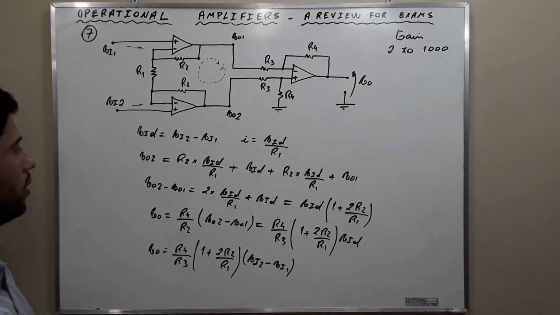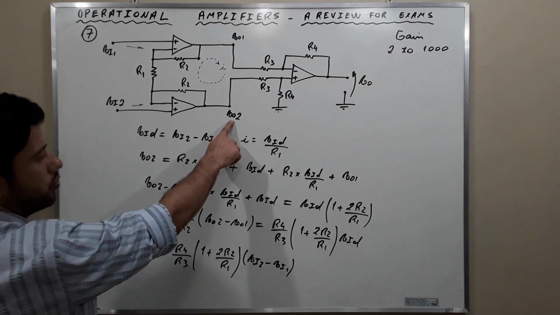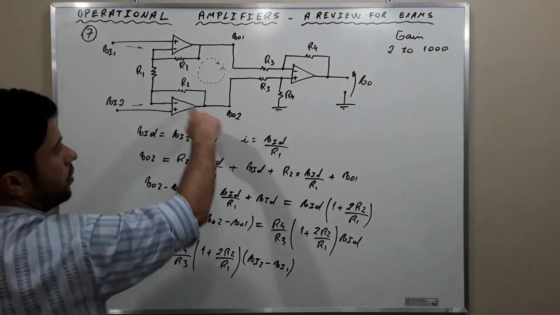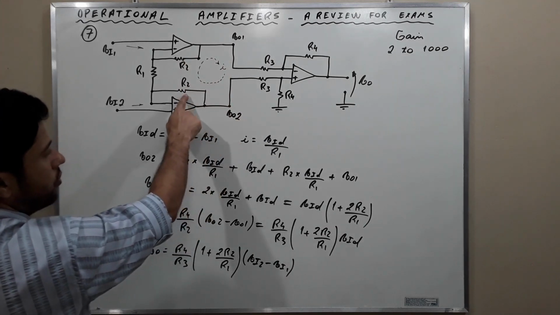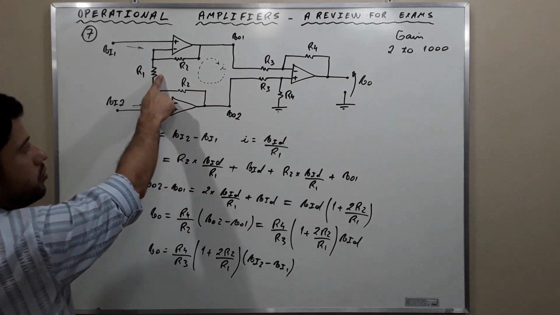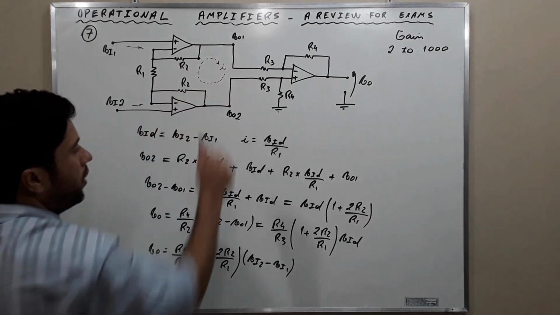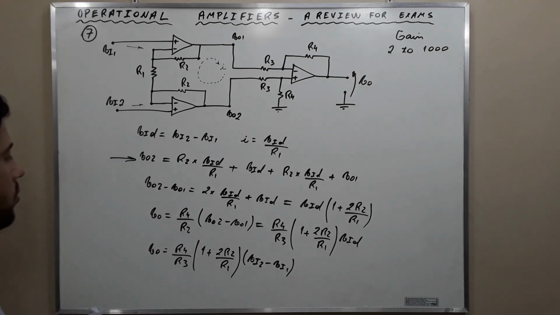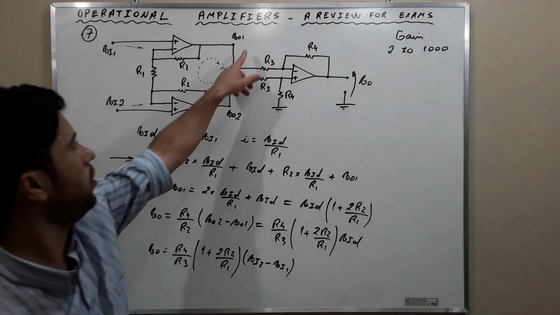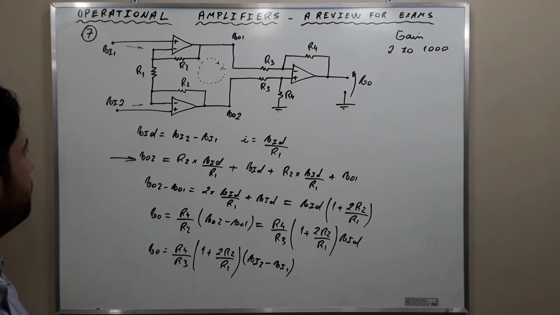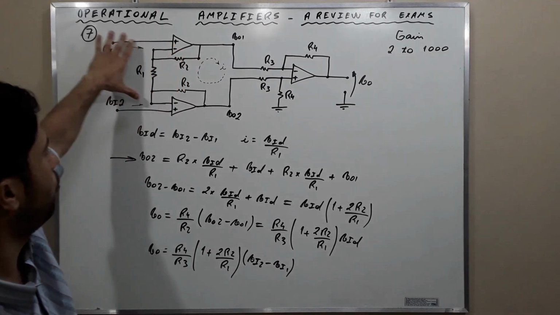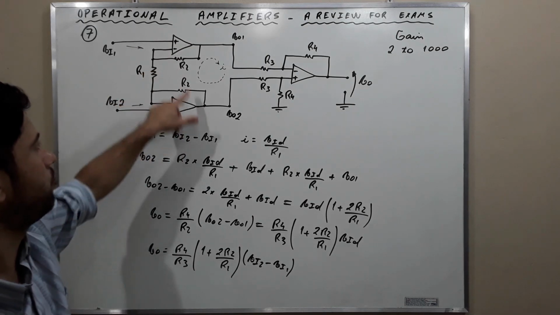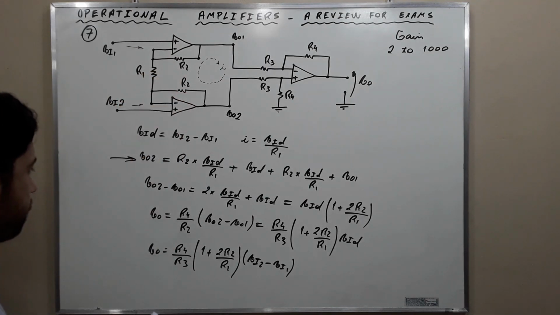And we computed the voltage from here passing along the path of current. VO2 is equal to the voltage drop here, plus the voltage drop here, plus the voltage drop here, plus this voltage here. And we found this expression here that correlates VO2 and VO1 with respect to what we have at this side here, around these two operational amplifiers.